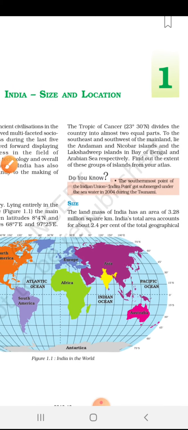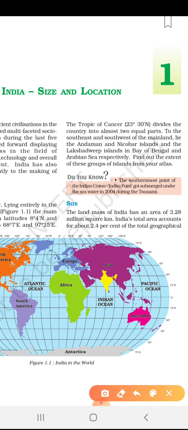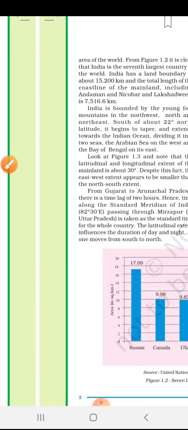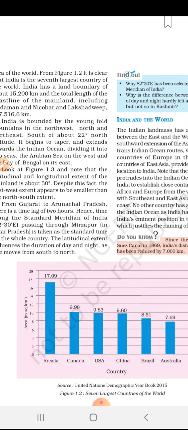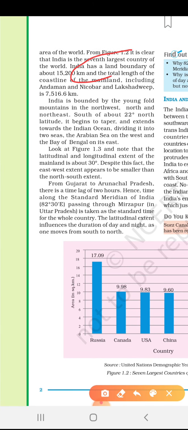When we talk about the size, India has an area of 3.28 million square kilometers. India's total area accounts for about 2.4% of the total geographical area of the world. India is the seventh largest country of the world, after China.